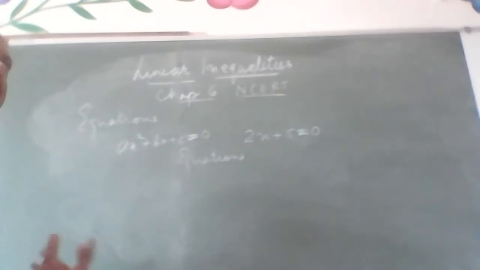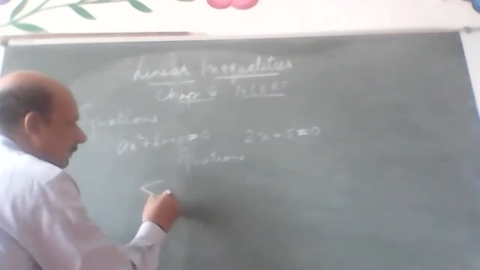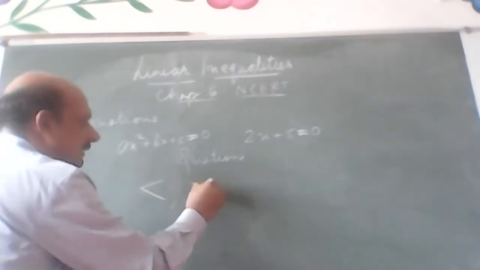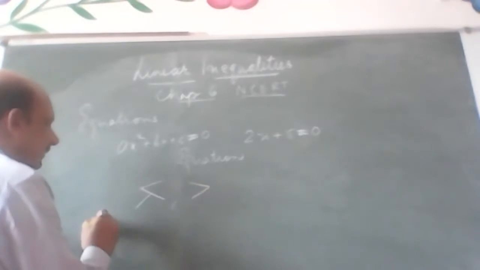If each of them is to be shown as inequality, so inequality is usually shown by a symbol: less than, greater than.